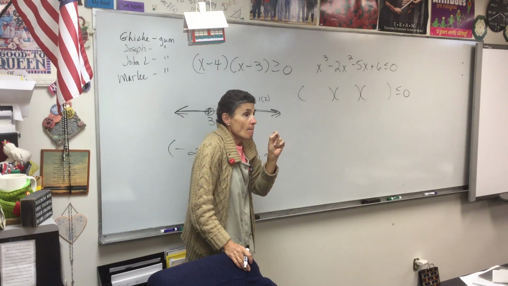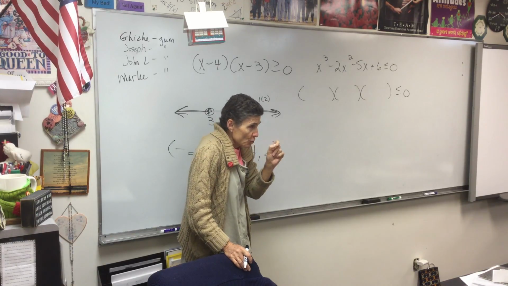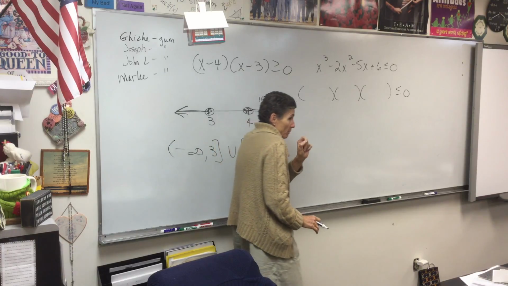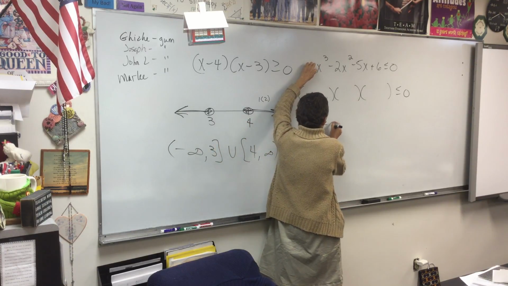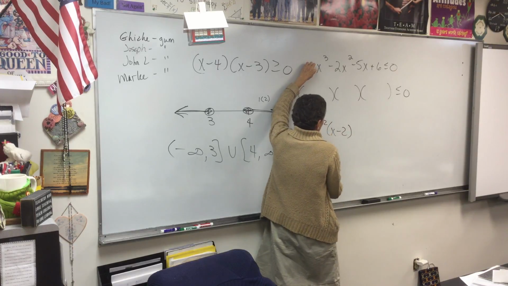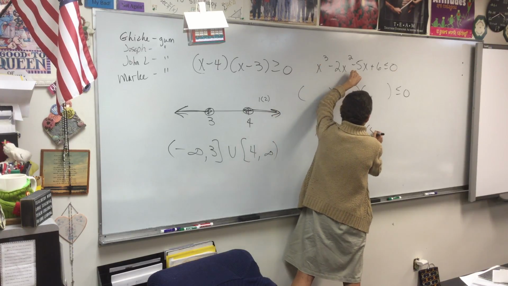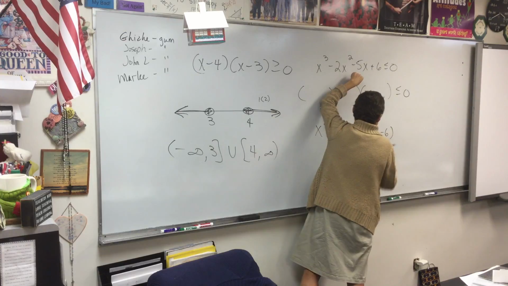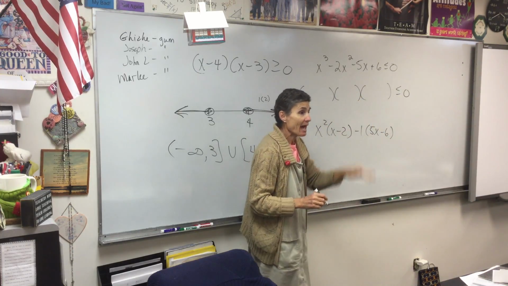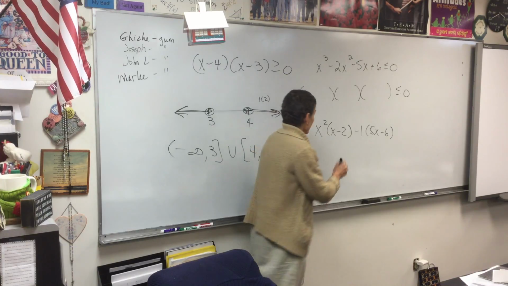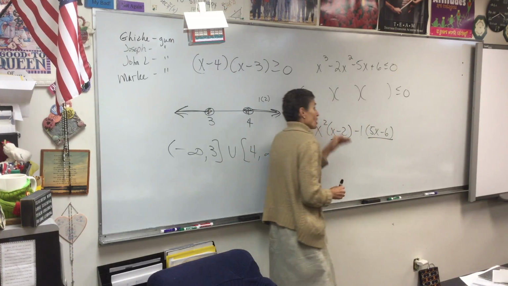Now, some of you tried it on your test on problems that didn't work. Look, I know I can take out an x squared. I know I can take out a negative 1. What didn't happen that has to happen? These don't match.